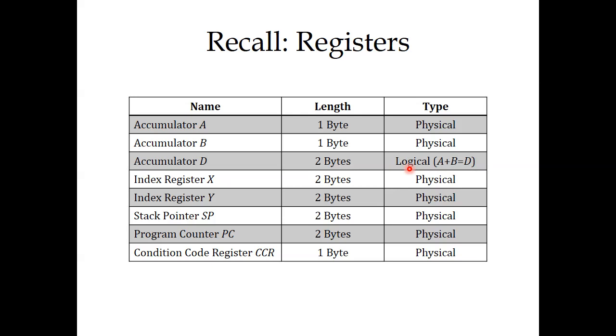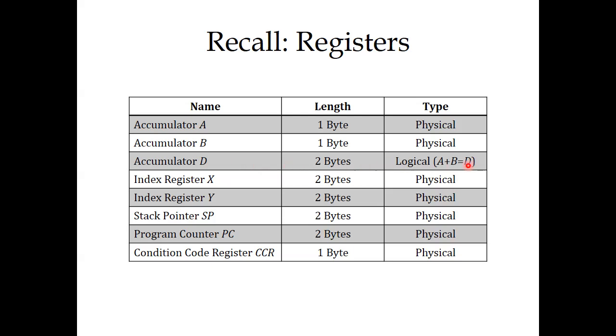One of the registers is written as logical. Logical means there is no actual accumulator D. But why do we write accumulator D? Because in some cases we need a longer accumulator than 1 byte. So we write accumulator D, but anytime we write accumulator D, your microprocessor assumes you are actually combining A and B.